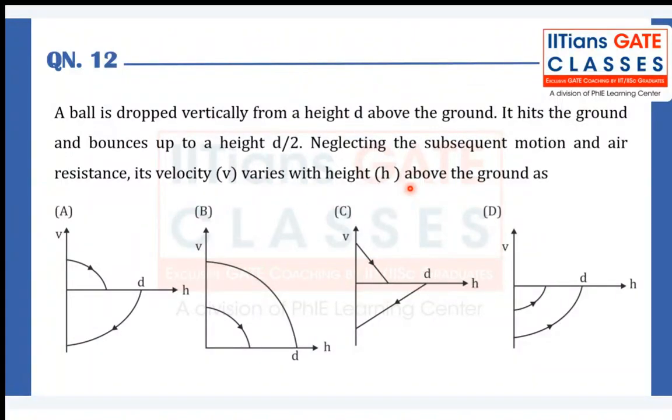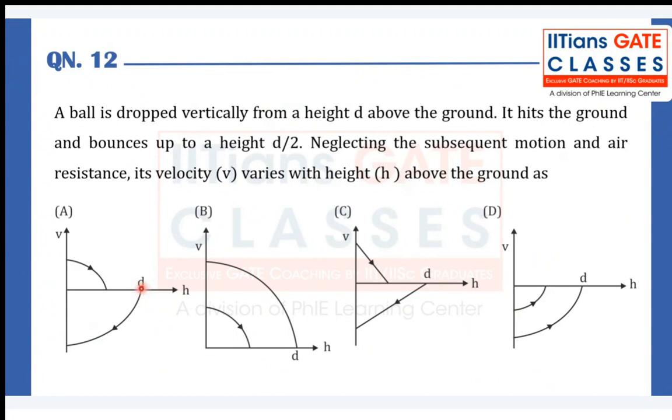So basically the ball is dropped from a certain height, and from that point, let's say the velocity is increasing.